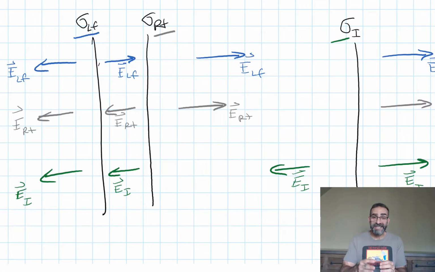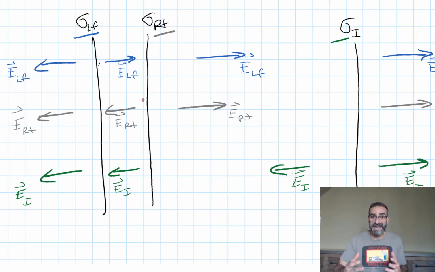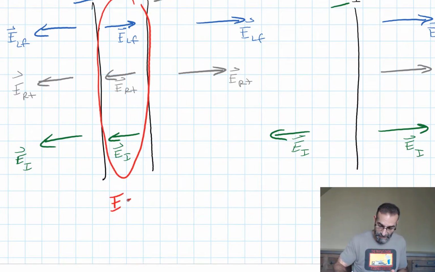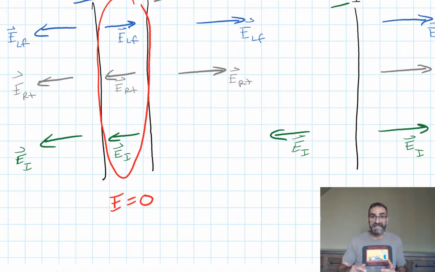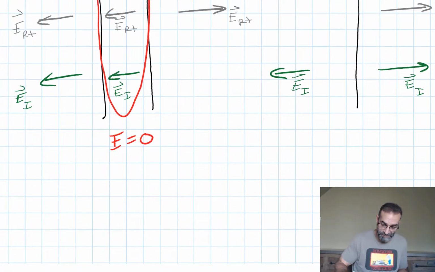I'm treating my conductor like two insulating sheets of charge, but it's really a conductor. And I know that in a conductor, once it reaches electrostatic equilibrium, the electric field has to be zero. So in this region here, the electric field has to add to zero. So let's do that. That gives us a nice equation.